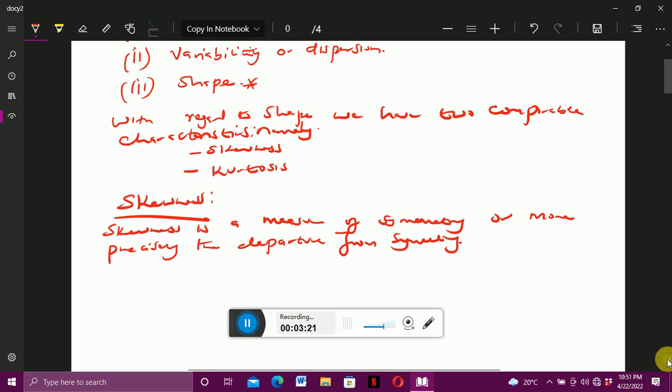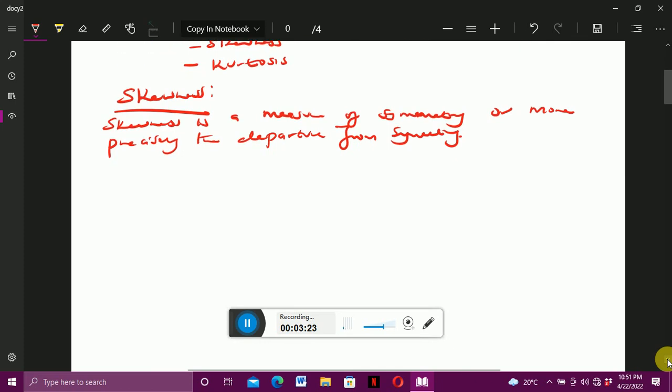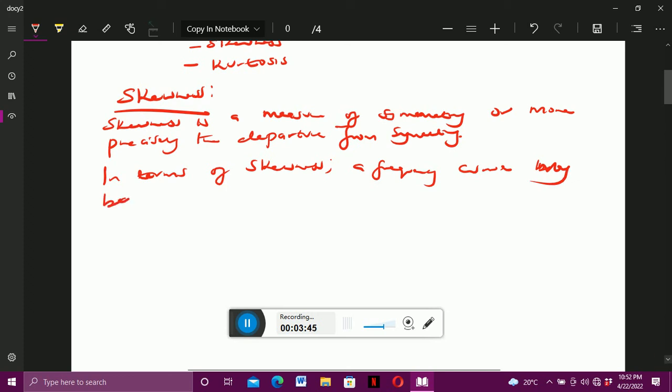Okay, so we continue and say that in terms of skewness, a frequency curve or a frequency distribution may be one, symmetrical.